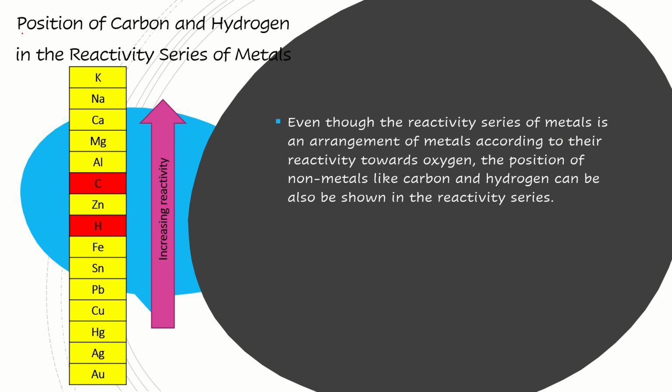Alright, we continue with the position of carbon and hydrogen in the reactivity series of metals. Even though the reactivity series of metals is an arrangement of metals according to their reactivity towards oxygen, the position of non-metals like carbon and hydrogen can also be shown in the reactivity series.